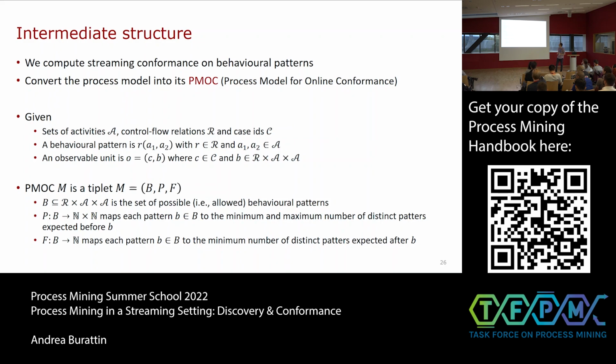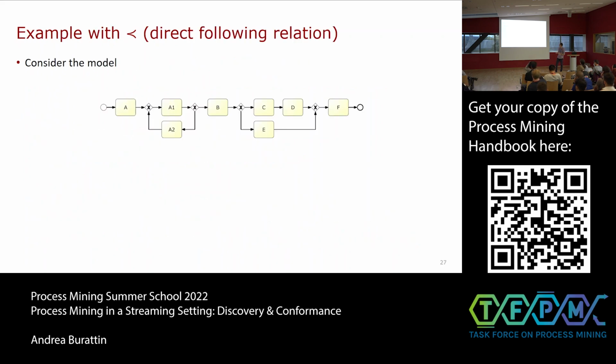These elements directly map to the 3 metrics that we were discussing before. For example, if you take BC, we will have the past 2, 4, meaning that before that we are expecting any number of distinct patterns between 2 and 4. The 2 is where those 2 come from, and the 4 comes from basically any repetition of the loop.